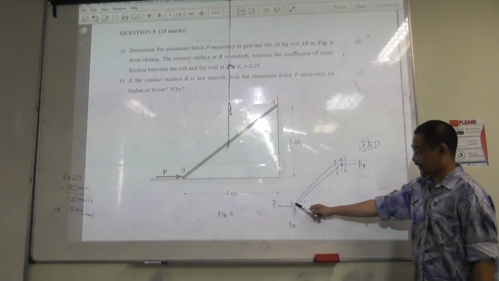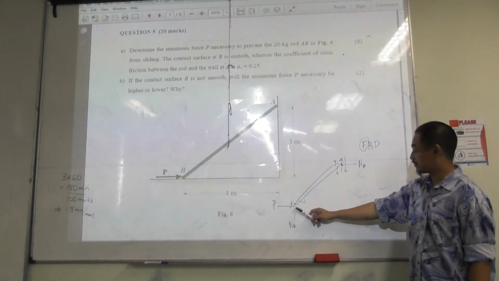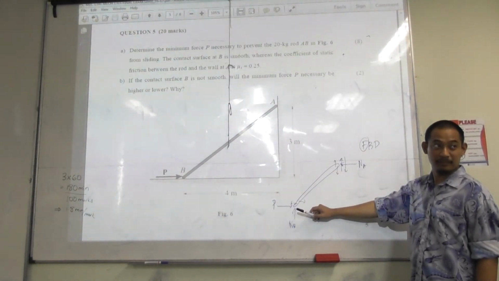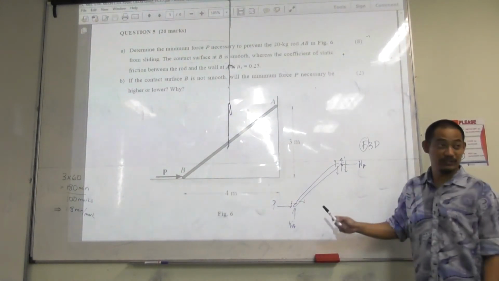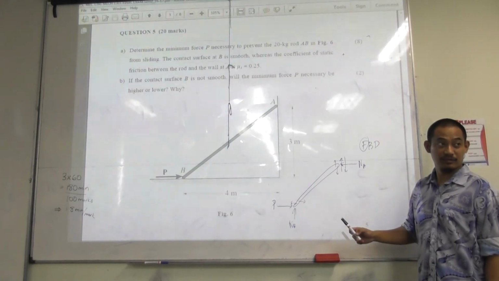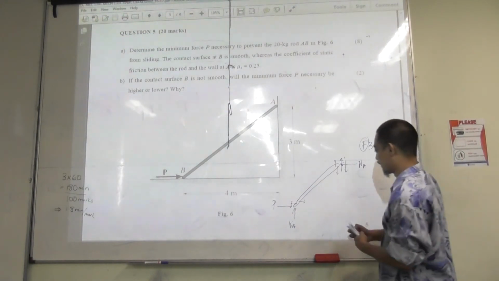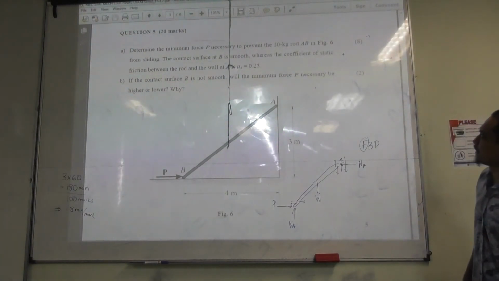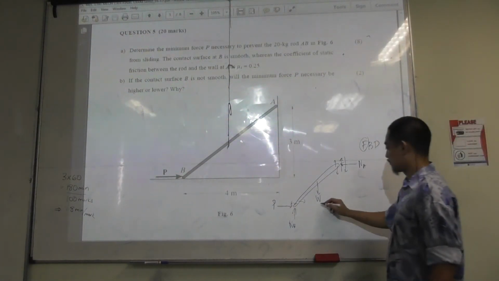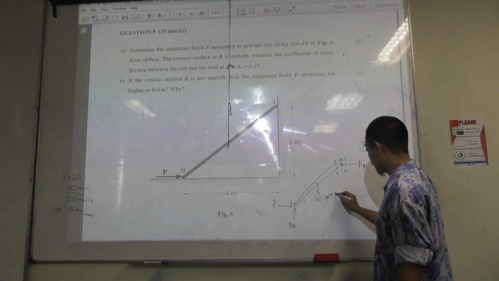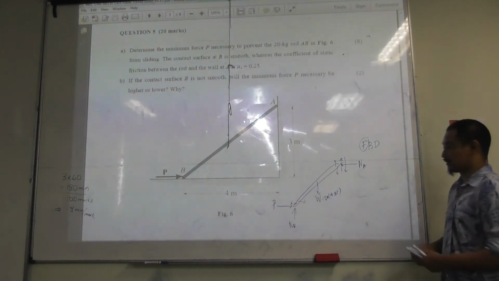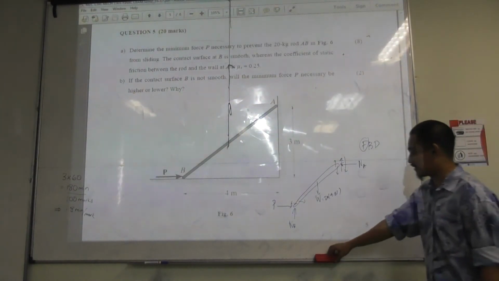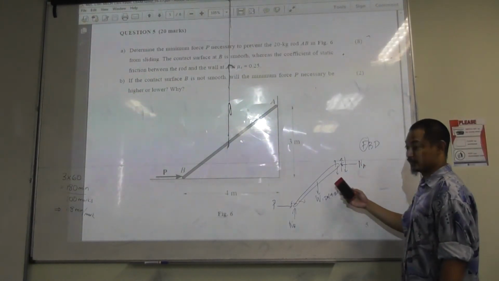To the left. This red one. Which one? Of course. Okay, there's another weight here. The weight is given, right? So what's the red one?